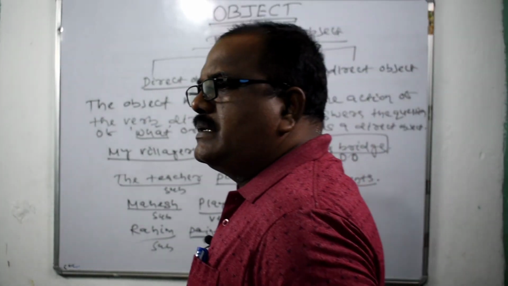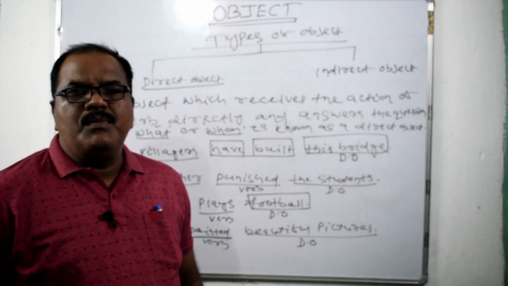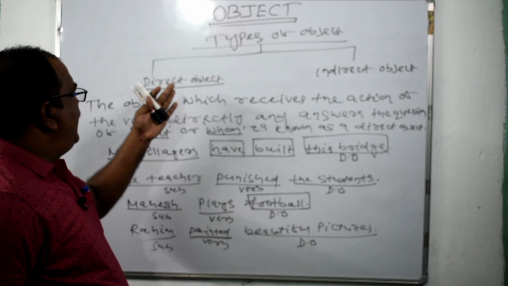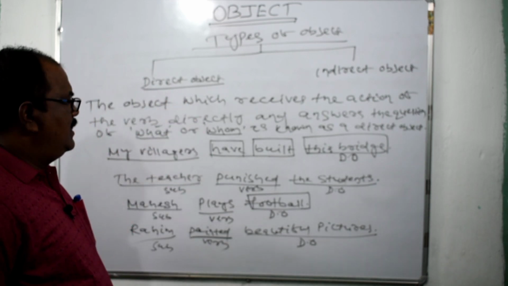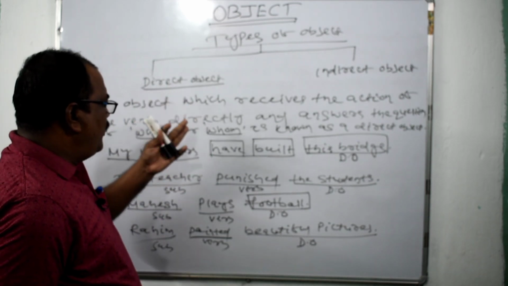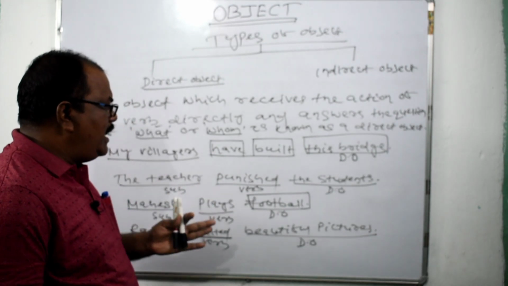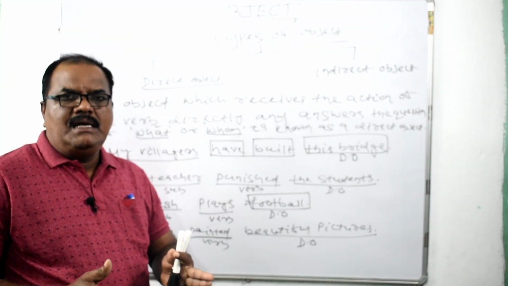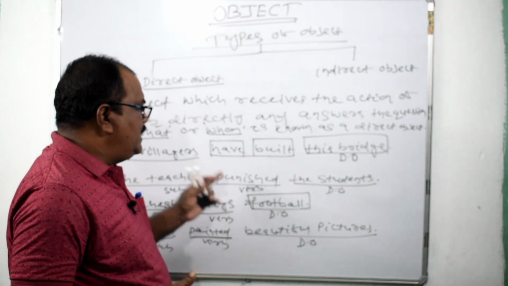I hope that you must understand what the direct object is and what is the position of the direct object. Actually, the object generally comes after the verb.